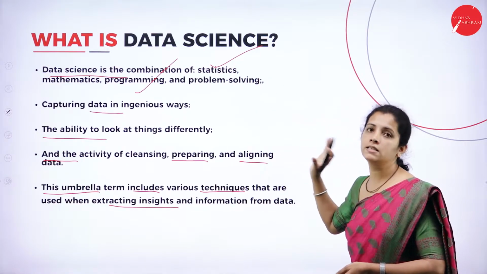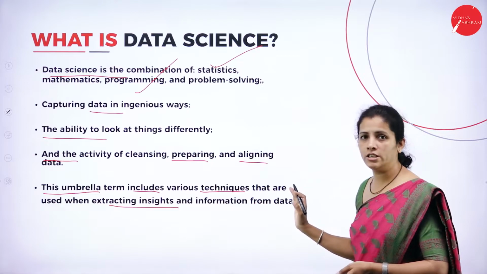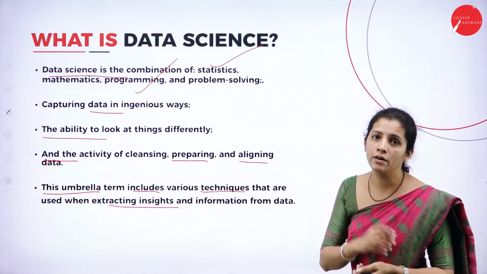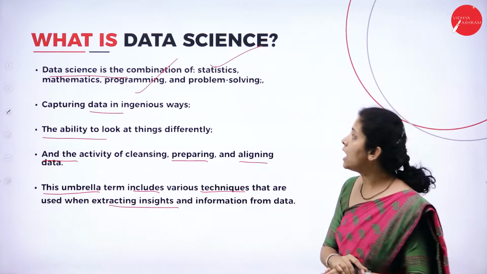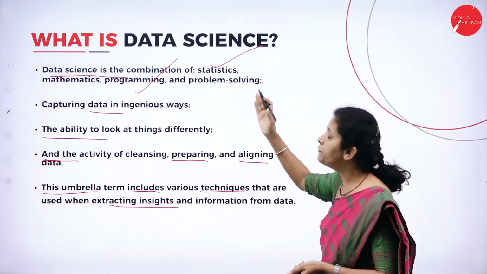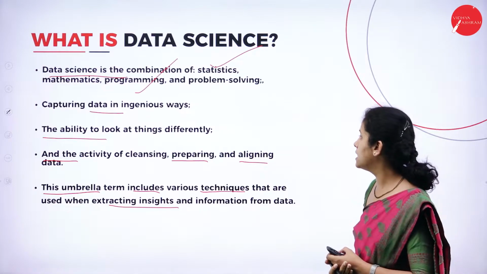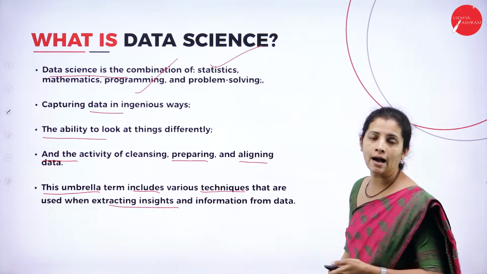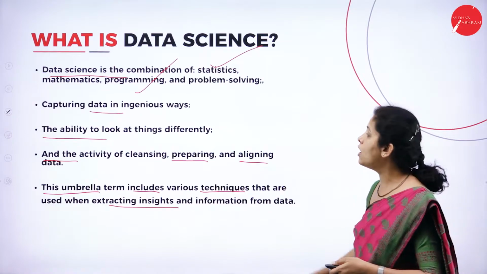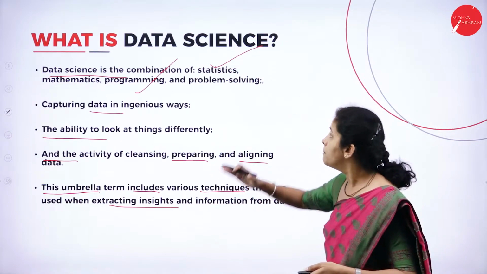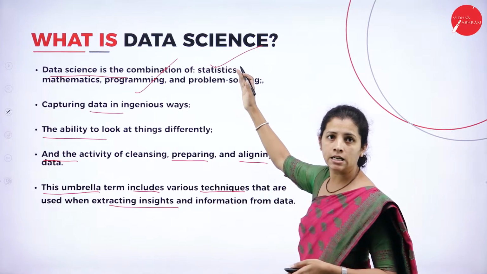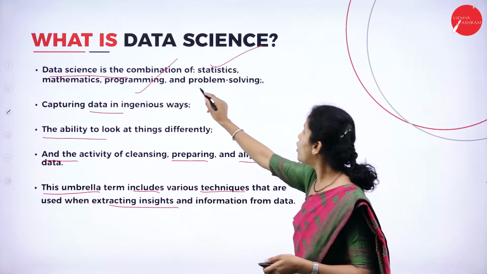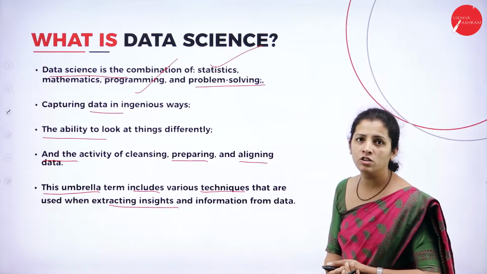It is the technology used to extract meaningful information from the data by using different methods, that is, cleaning the data, preparing the data, organizing the data, or aligning the data by using statistical, mathematical, programming or problem-solving methodology.